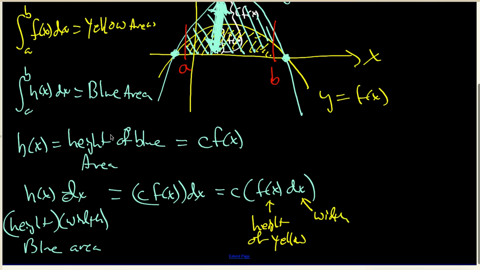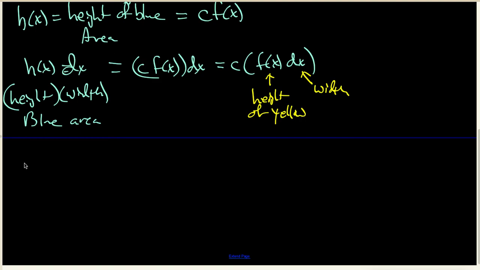So gee, if the blue area is the blue height times the blue width, and the blue height times the blue width is c times the yellow height times the yellow width, it's reasonable to expect that our blue area is going to be equal to c times the yellow area.